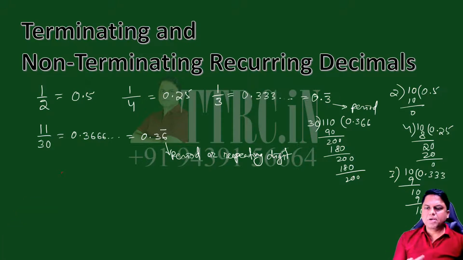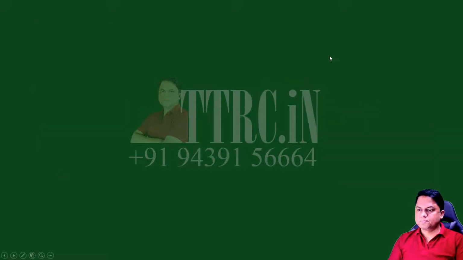Now, after dividing, we find the result that a number is either terminating or non-terminating recurring. But without doing actual division, how do we find out whether a number is terminating or non-terminating? Okay, there is a trick for that. What is the trick?